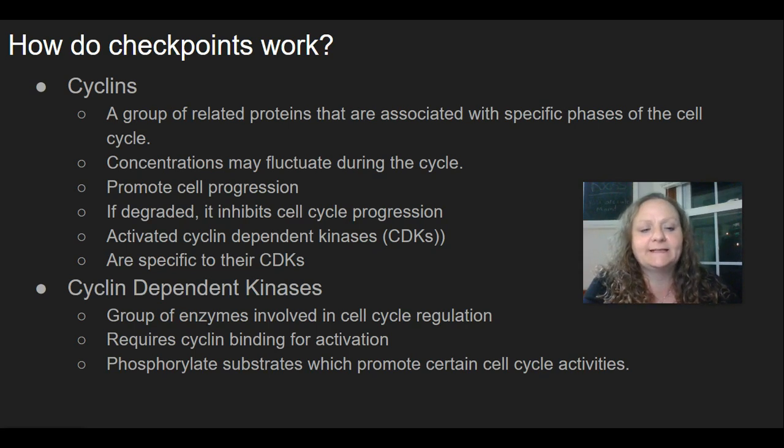Cyclin-dependent kinases. These are a group of enzymes involved in cell cycle regulation. They require a cyclin binding to be activated, and they also are going to phosphorylate the substrates, which will promote certain cell cycle activities. I know this is a lot, but think back in your mind to enzymes and how enzymes work, right?